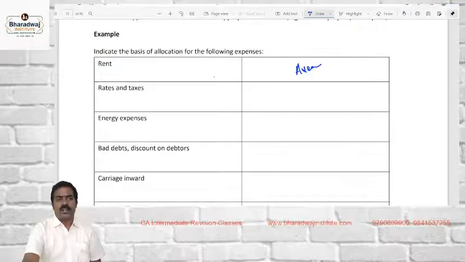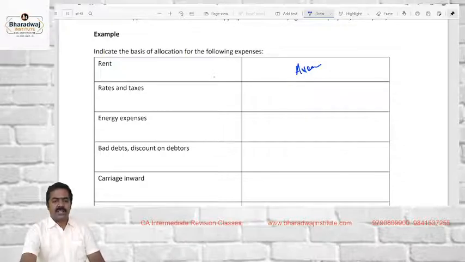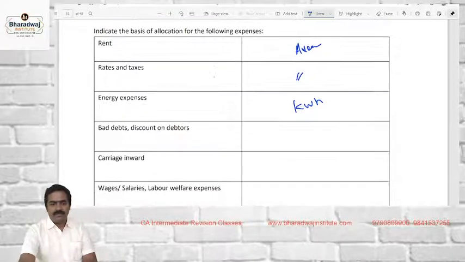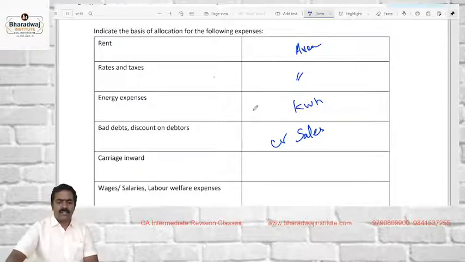Then square feet or whatever. Rates and taxes also based on what? Area occupied. Then energy expenses means power consumed, based on kilowatt capacity. Then what about bad debts, etc.? Based on credit sales, you can apportion.